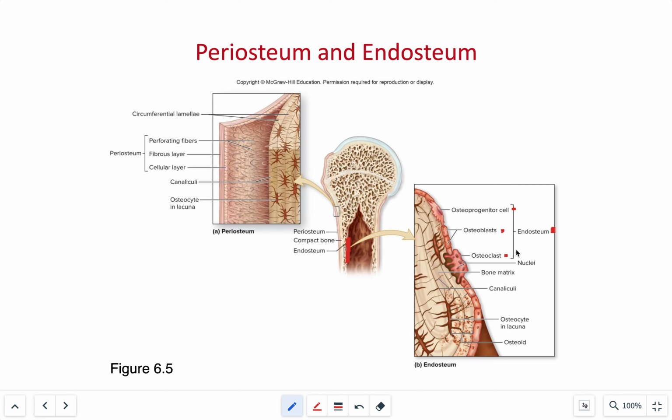So the first one, the osteoprogenitor cells, are important because they maintain the population of the osteoblasts. Osteoblasts produce new bone matrix in a process called osteogenesis. The osteoprogenitor cells are also important for repair of a fracture.